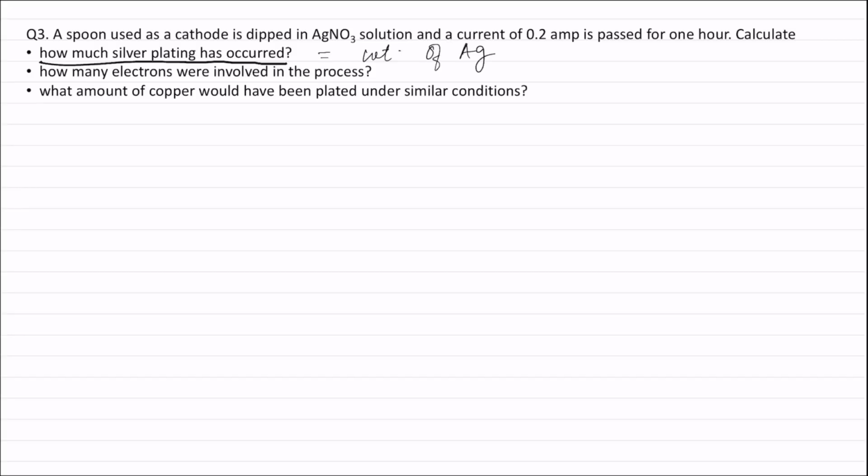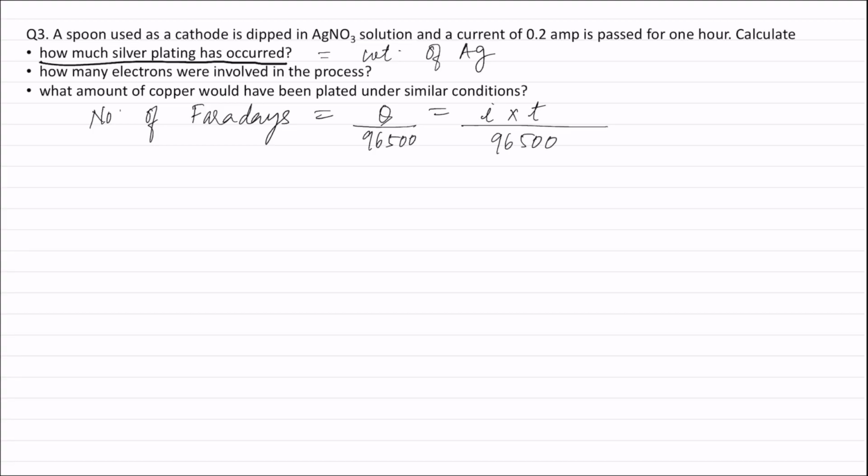Now, equivalence of silver is equal to number of Faradays of electricity passed, and number of Faradays of electricity passed will be equal to Q divided by 96500 coulombs, where Q is the charge in coulombs, which is equal to I into T, divided by charge, which is equal to 1 Faraday, that is equal to 96500 coulombs.